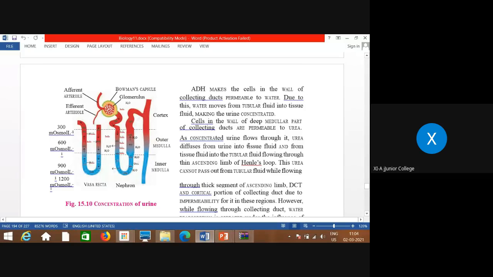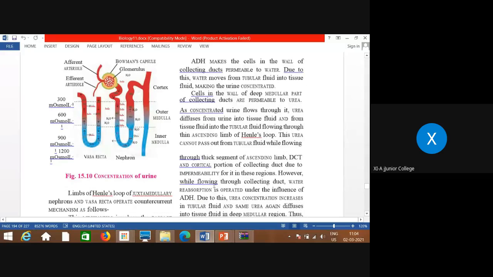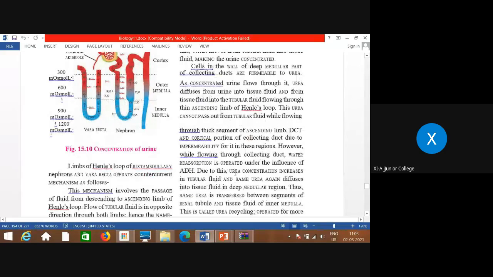So as concentrated urine flows through it, urea diffuses from urine into tissue fluid and from tissue fluid into the tubular fluid flowing through the thin ascending limb of the loop of Henle. And this urea cannot pass out from tubular fluid while flowing through the thick segment of the ascending limb. So I told you the same thing while explaining it with the help of the previous diagram, so I will not repeat the same thing.